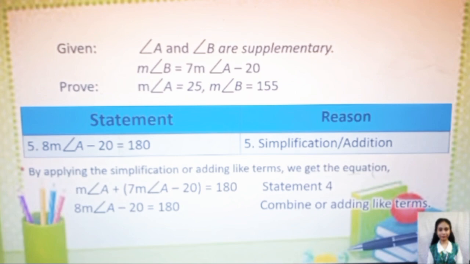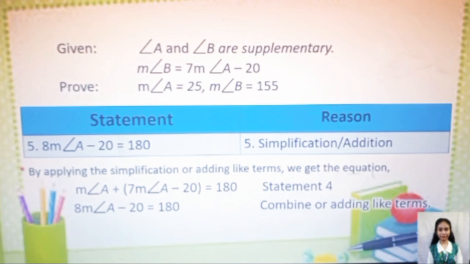By applying the simplification or adding like terms, we get the equation from measure of angle A plus the quantity 7 times measure of angle A minus 20 is equal to 180, which is statement number 4. Now we are going to combine: 8 times measure of angle A minus 20 is equal to 180.